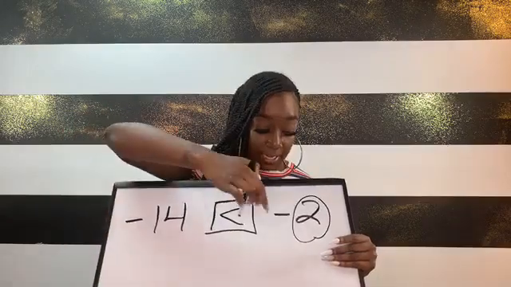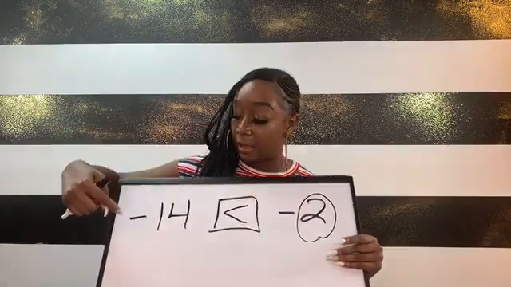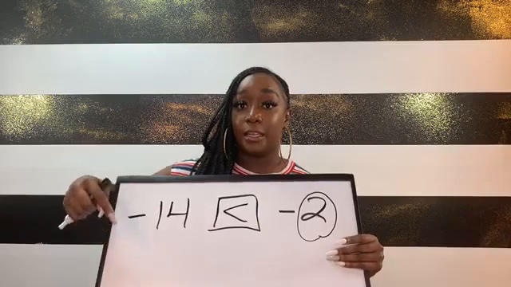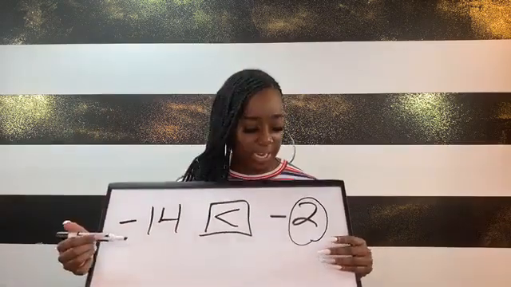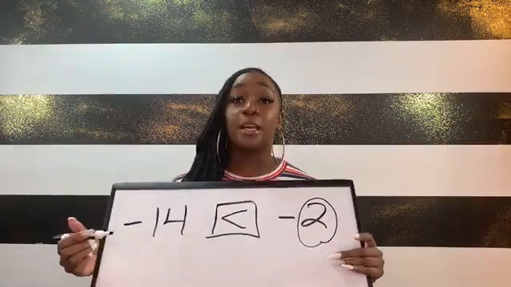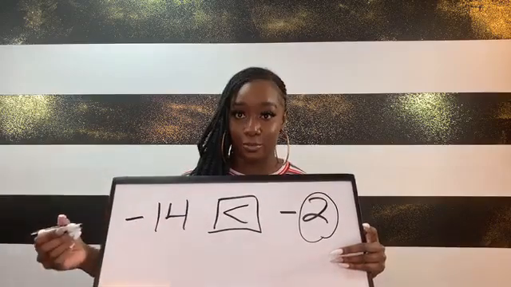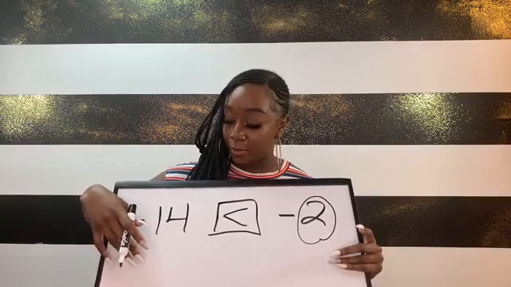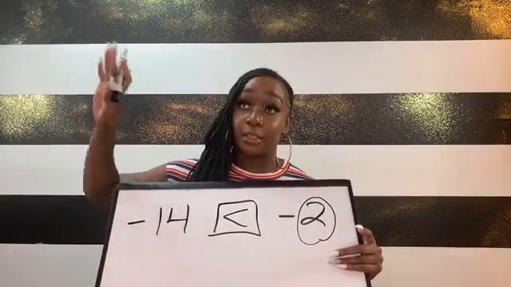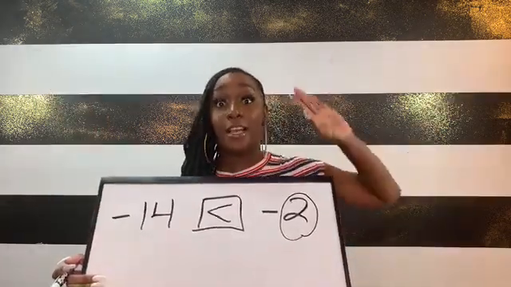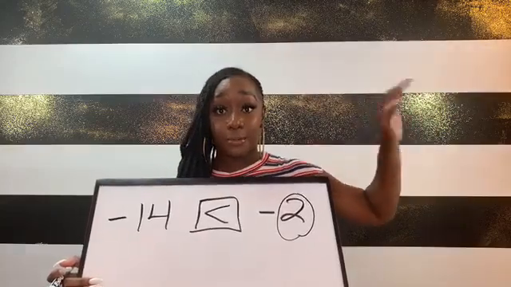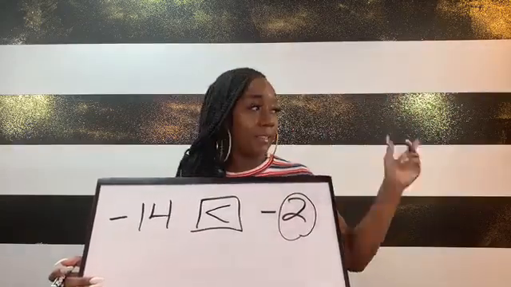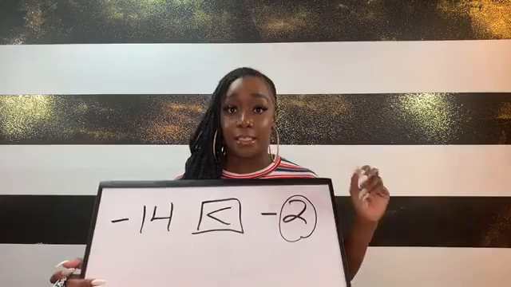So in this case, -2 is greater than -14. I know most of you say, well, this is 14 and this is 2. But because we're dealing with negative values, this lessens the value of the number. The further to the left the number goes away from 0, the smaller the number actually gets.